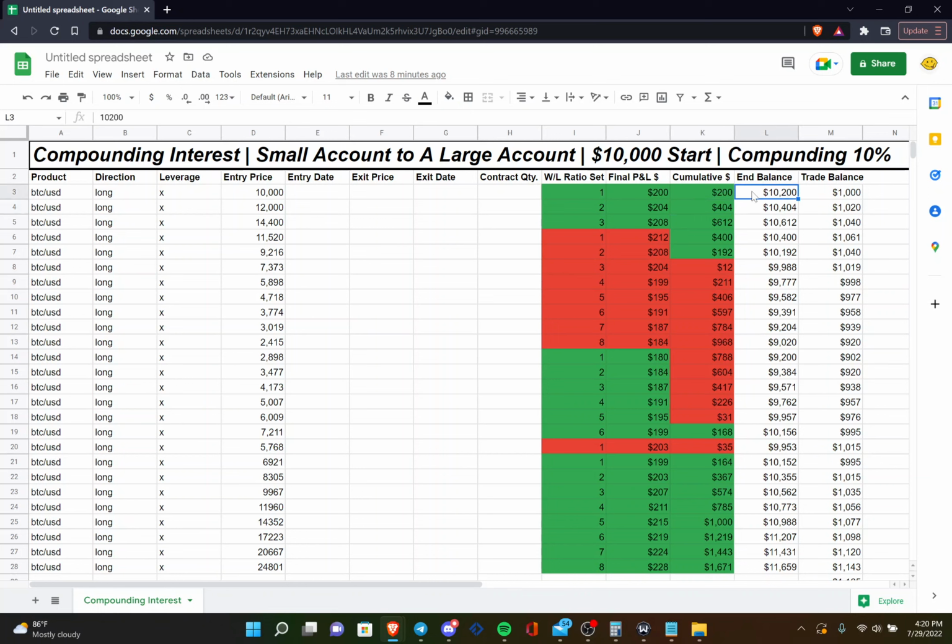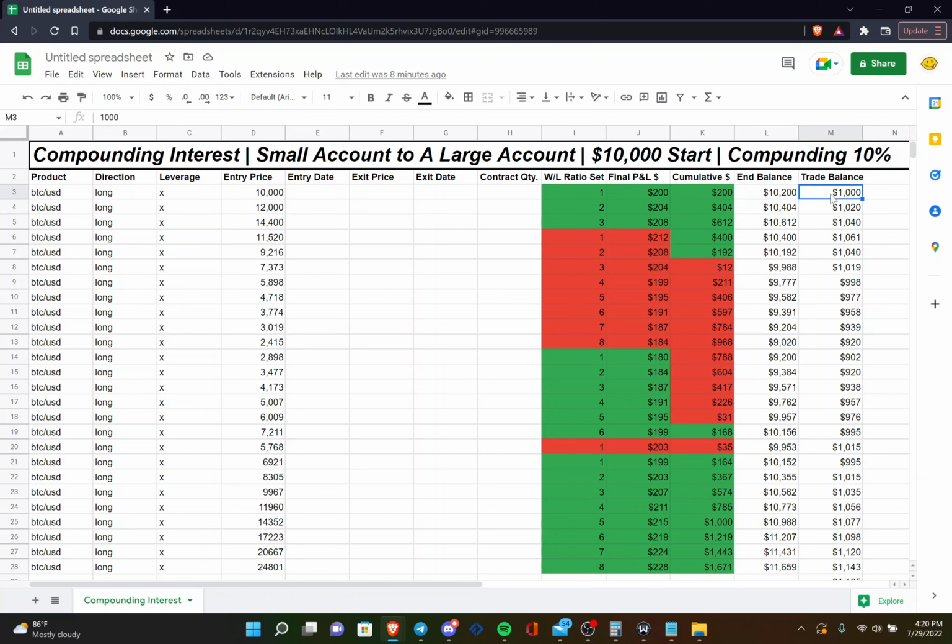And then the end balance is essentially how much you have at the end of the trade, right? So our account started at $10,000, and then after the end of the first trade, you made $200. So now your principal with net profit is $10,200 total, okay?